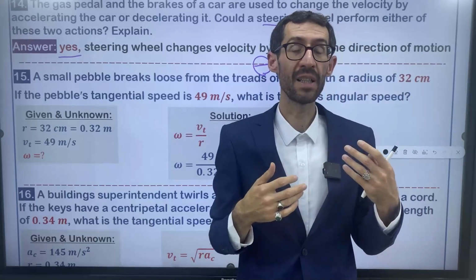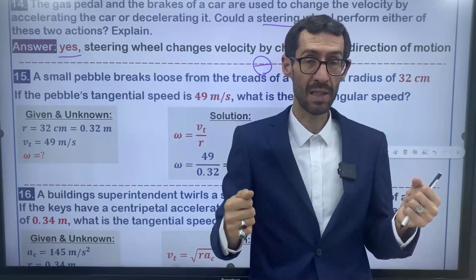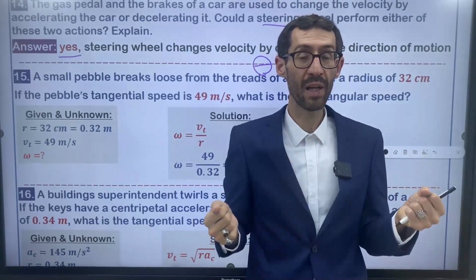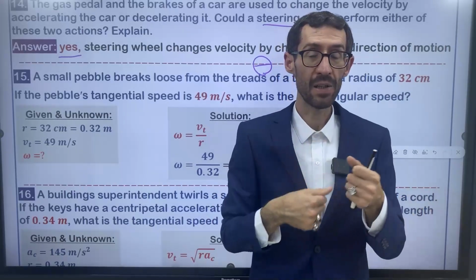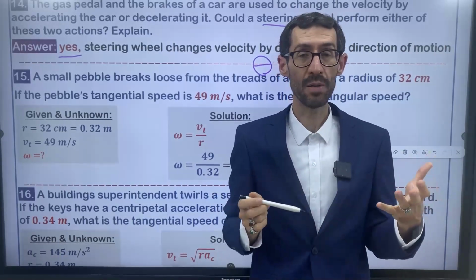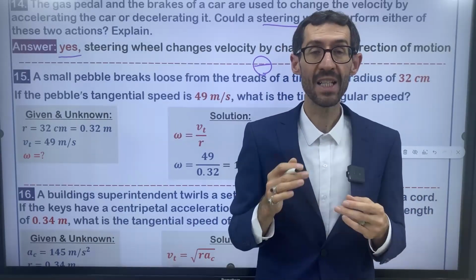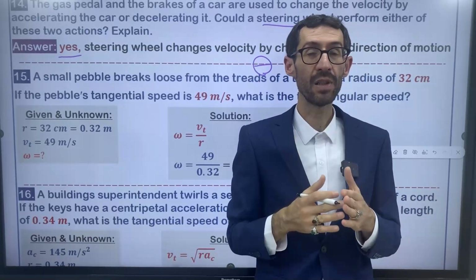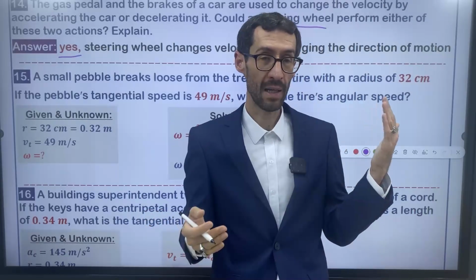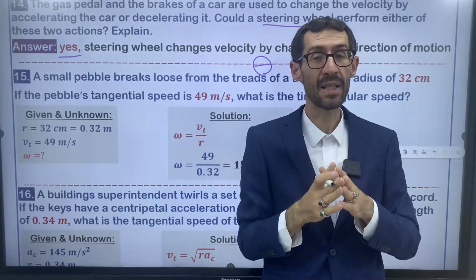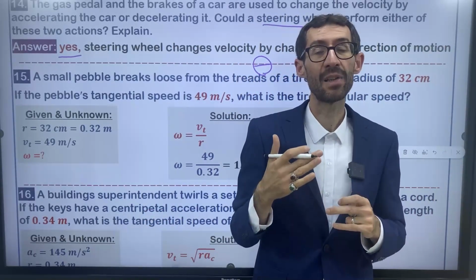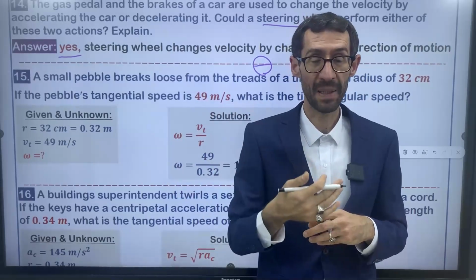The driver thinks about turning the steering wheel. Whenever the person turns the steering wheel, the car gradually slows down. That's why a steering wheel is an alternative for speeding up and for slowing down. I can say a steering wheel is an alternative for the gas pedal and brake pedal as well.